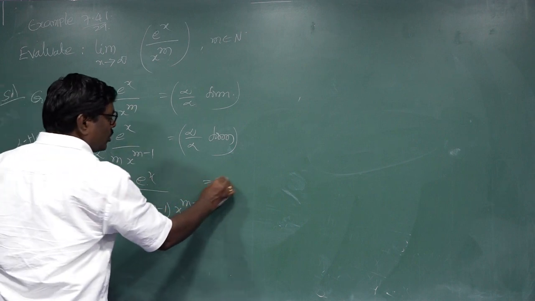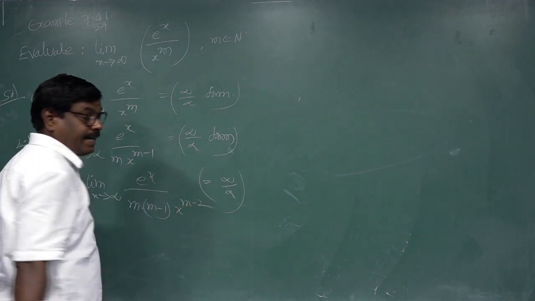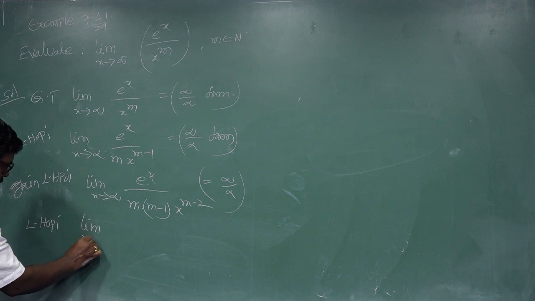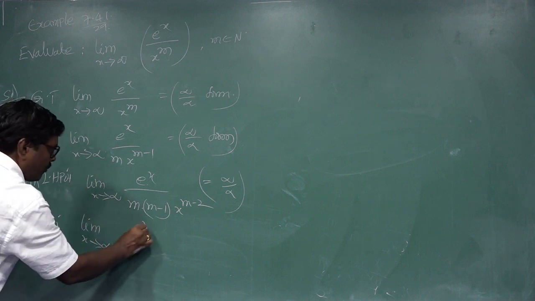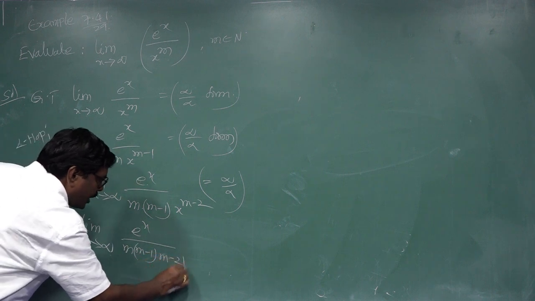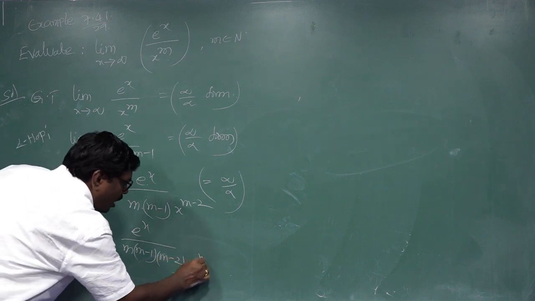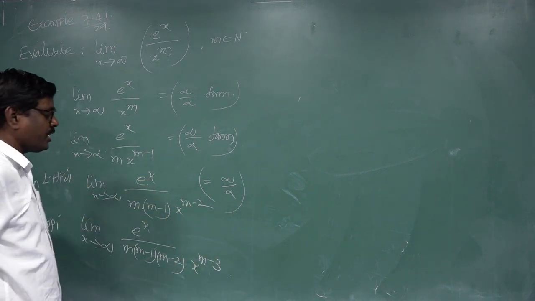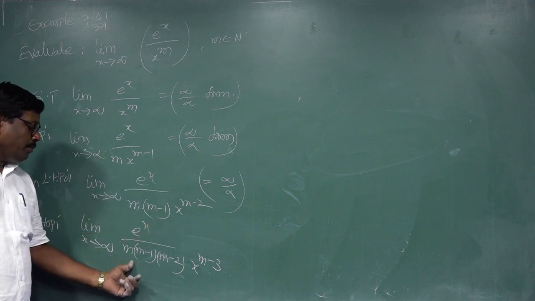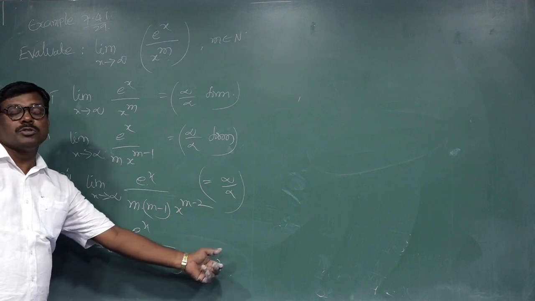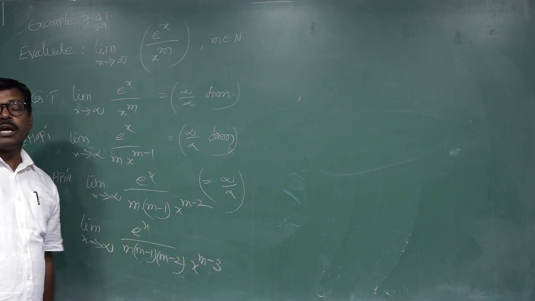This is also an infinity by infinity indeterminate form, so again the L'Hospital rule: e power x by m into m minus 1 into m minus 2 into x power m minus 3. Again taking derivatives, the constant m into m minus 1, and x power m minus 2 has derivative m minus 2 into x power m minus 3.